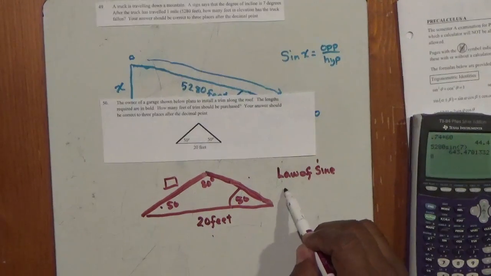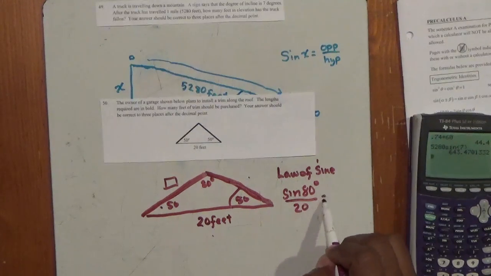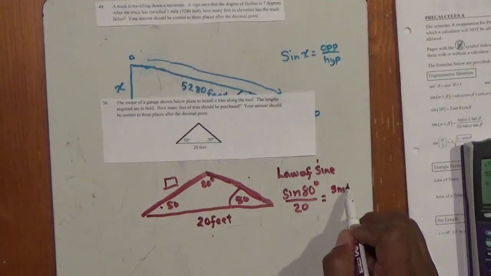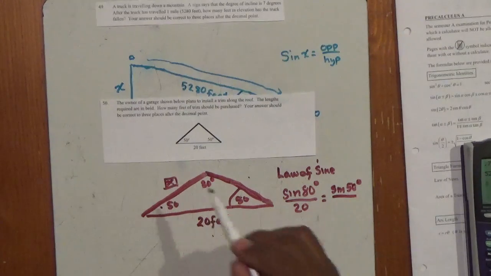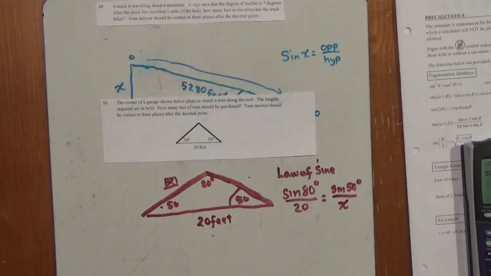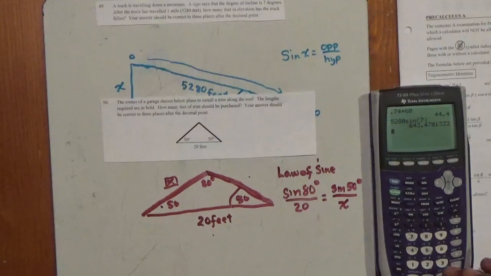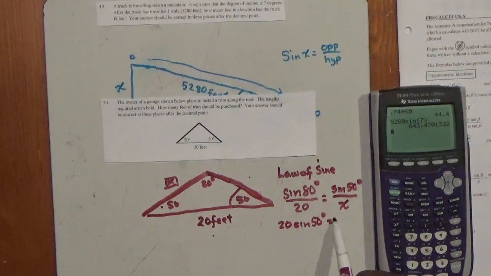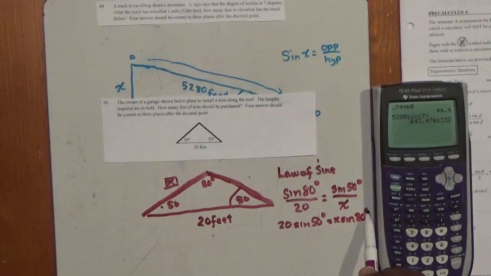Sine 80 degrees over 20 is equal to sine 50 degrees over x. Cross multiply first: 20 sine 50 degrees is equal to x sine 80 degrees.